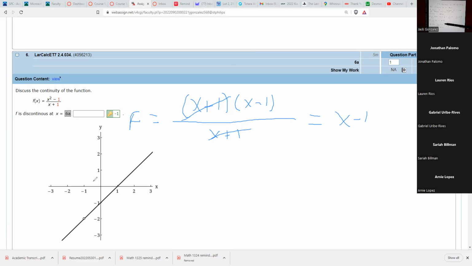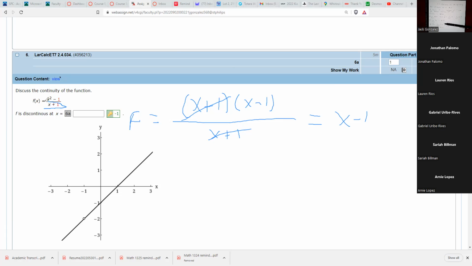Do you see the issue? Yeah, it's going to become undefined, right?